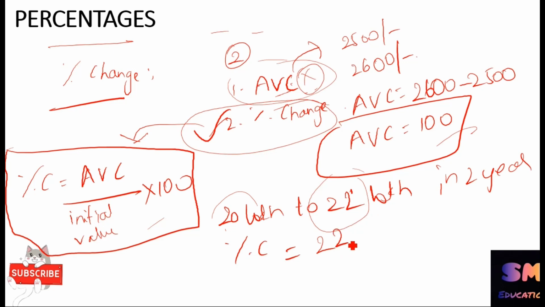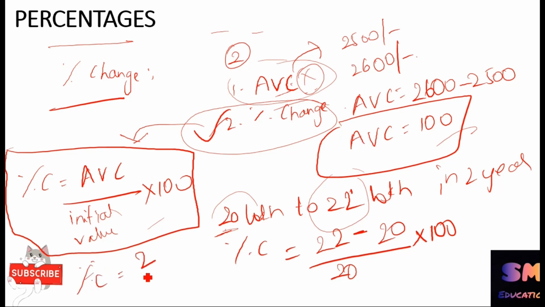The final value is 22, minus the initial value, 20. Upon the initial value, which is 20, into 100. This gives you the percentage change. That means 2 by 20 into 100. The 2 gets cancelled, giving 10. So 10% is the percentage change.